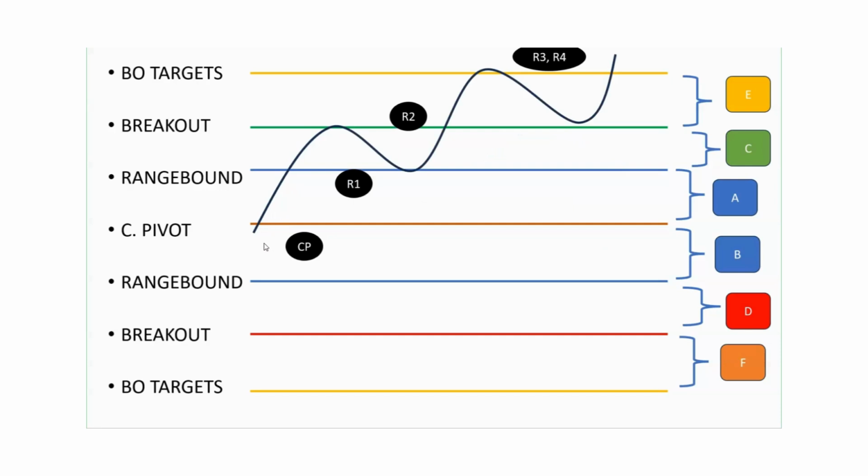Similarly, it crosses the pivot point, then reaches the R1, and then it reaches the R2, and then it is somewhat moving between R1 and R2, and if it breaches the R2, it moves up to R3 or R4 or even beyond that.